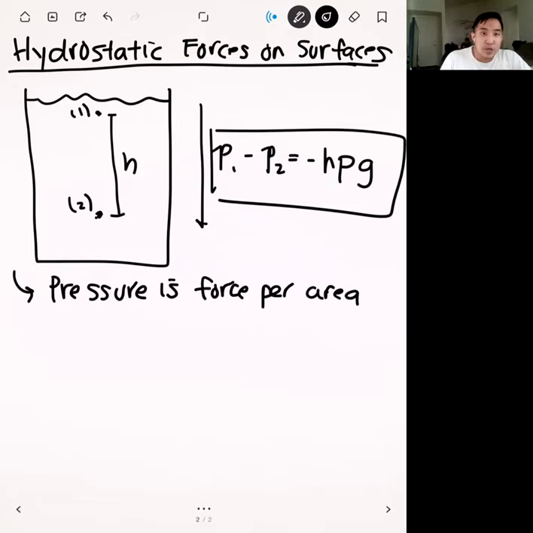And so because of this, whenever we submerge a solid surface into a fluid, a static fluid, those surfaces are going to experience a force.